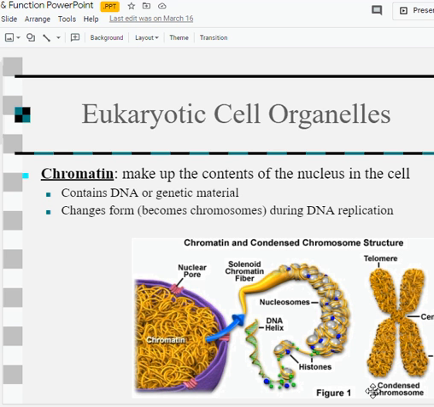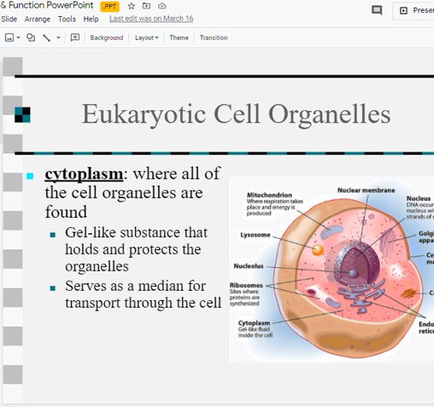This is a picture of a chromosome. One half of this X is an original. The other half is a copy. And the original and the copy are held together at what's known as the centromere, right? A chromosome is only going to be visible when the cell is actually divided.